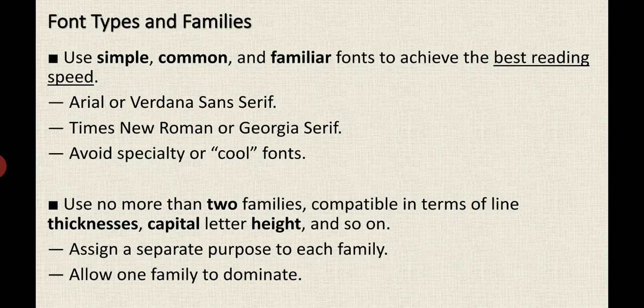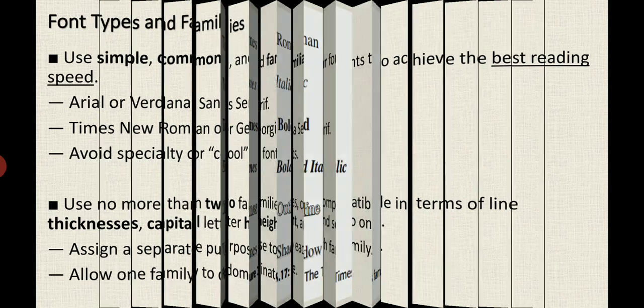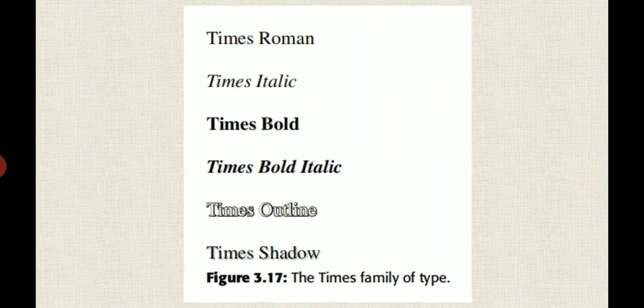And we have to use no more than two families, compatible in terms of thickness, capital letters, height, and so on. We don't have to use many families together, because it can jumble things, and the user may find difficulty reading the content. Then we can see the example for Times Roman, Times Italic, Times Bold Italic.